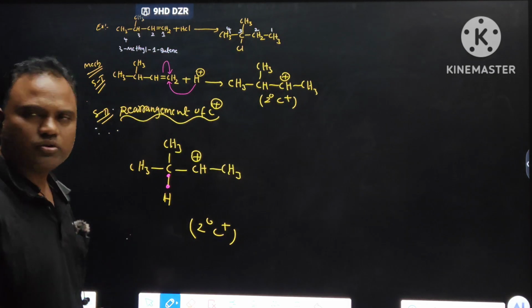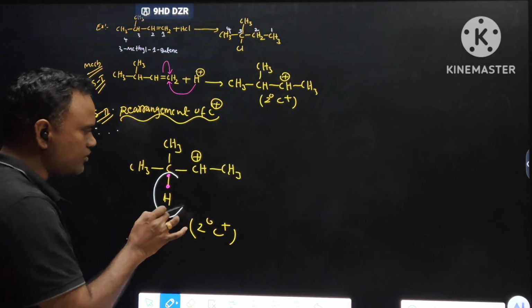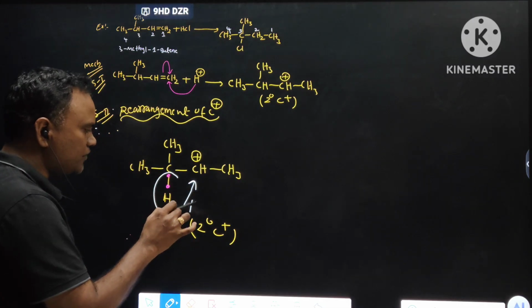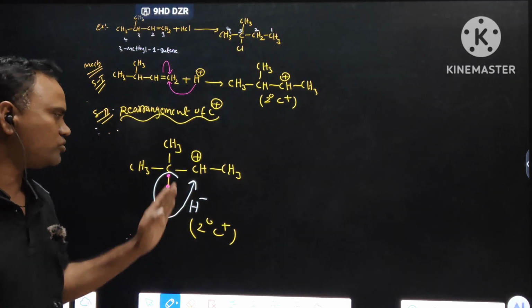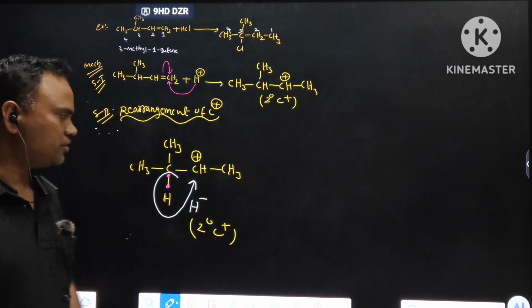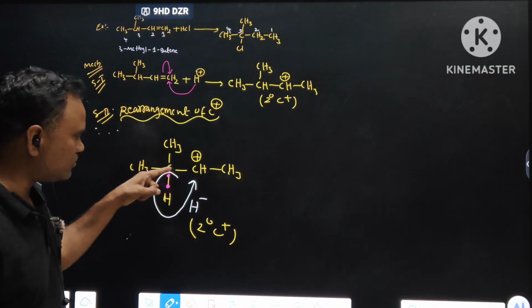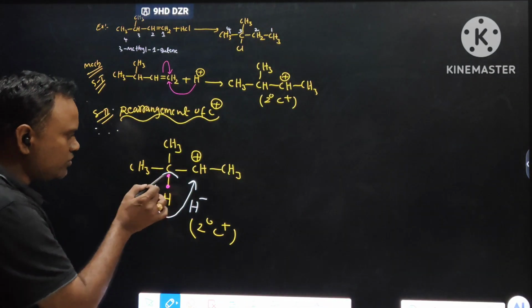Now see what hydrogen is doing. Hydrogen is taking its own electron and the electron of carbon also and shifting as H minus towards that carbocation. I'll tell you why it is happening like this. Clear? Look at how I wrote the arrow.